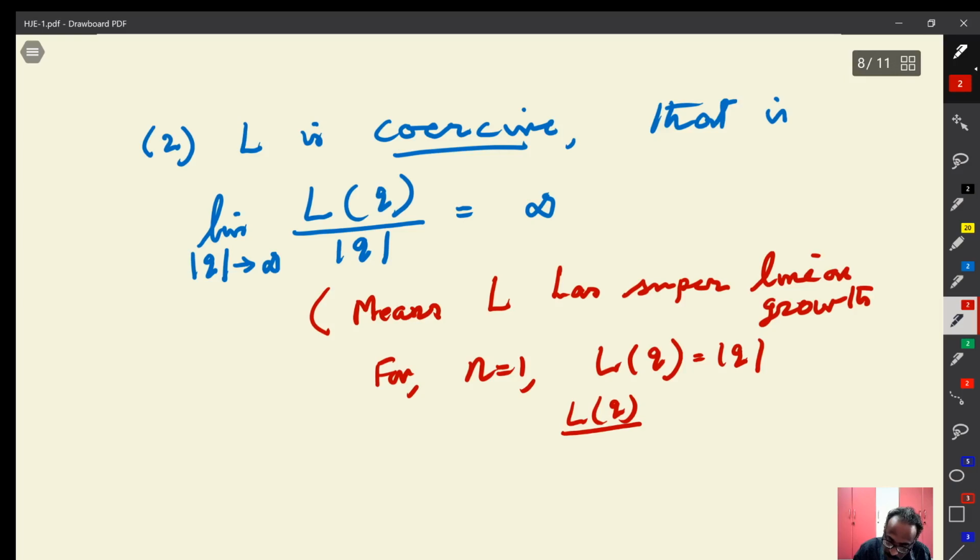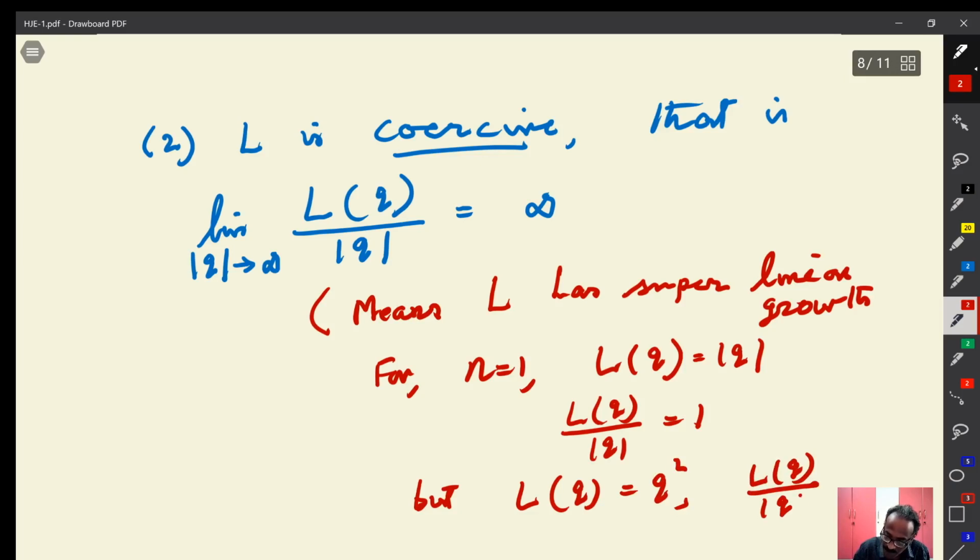It will not go to infinity. But when L of q is equal to q squared, this is a quadratic growth, then L of q by mod q goes to infinity as mod q tends to infinity. So you need something more than the linear growth.